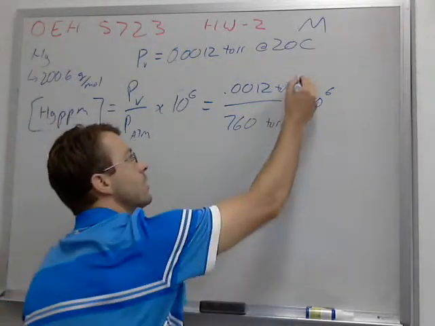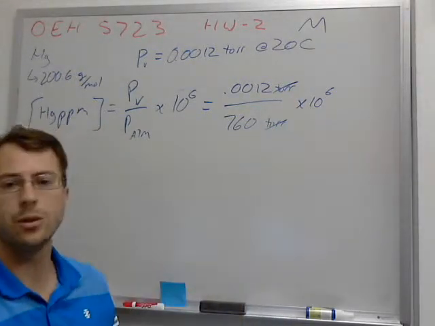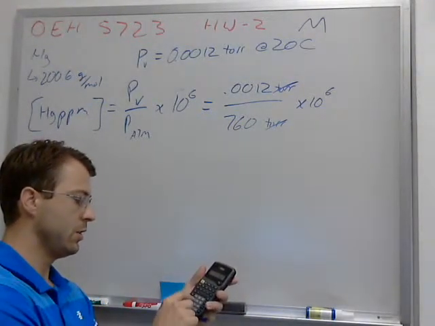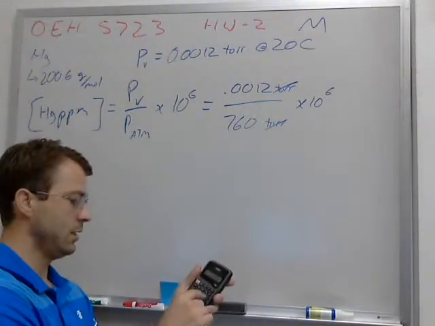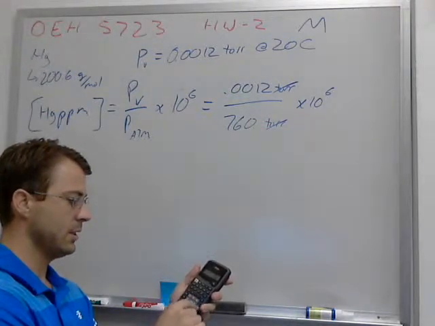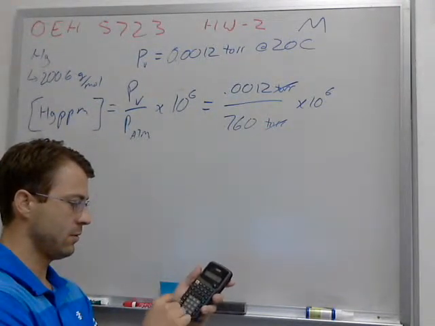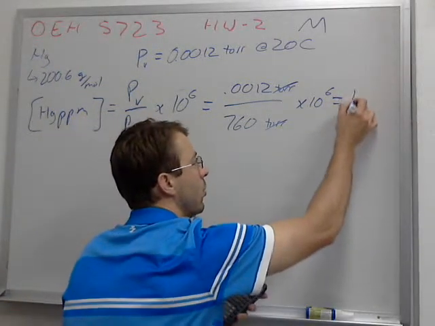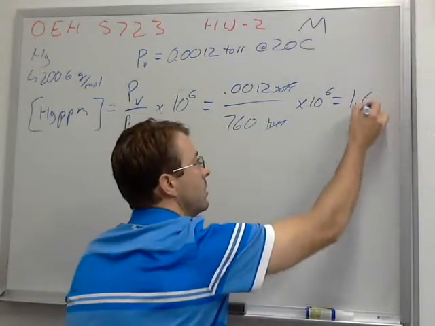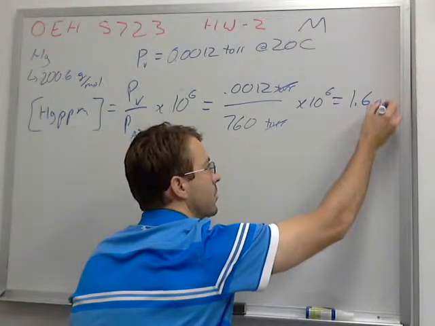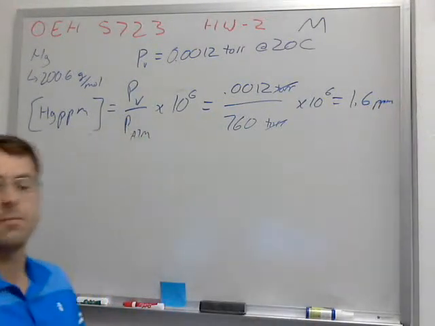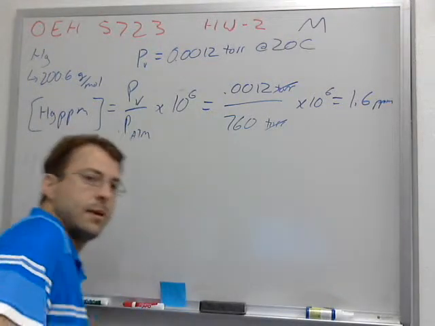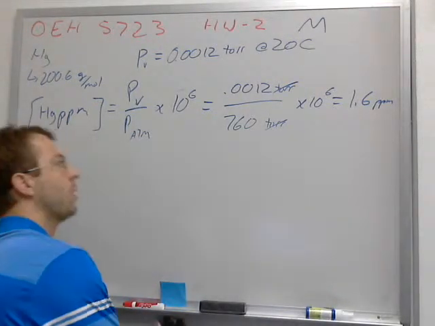Since our units will cancel, we know that we're on the right track for doing ppm. So 0.0012 divided by 760 times 1,000,000. Alright, so you should get 1.6 ppm. Alright, not a whole lot, right? But it's still more than I would have expected if I hadn't worked this problem already.